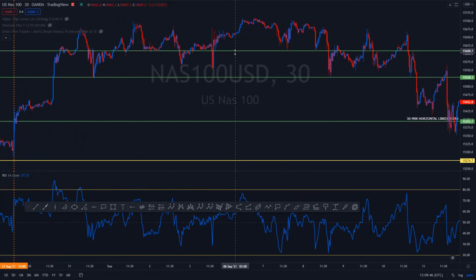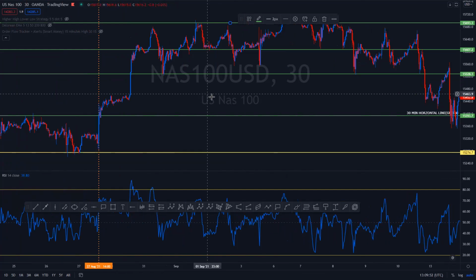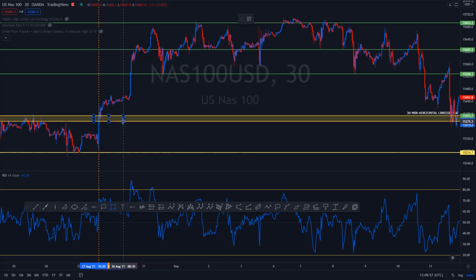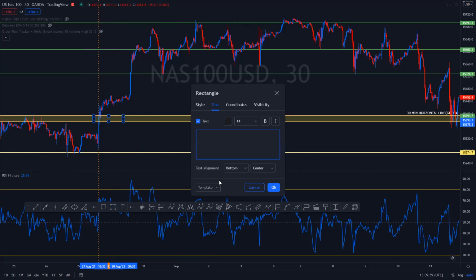Actually, I might even push this one down to here. Next one, we just push all the way up to here. And so then I'm going to draw my supply and demand zones on these zones here. Change this to green.